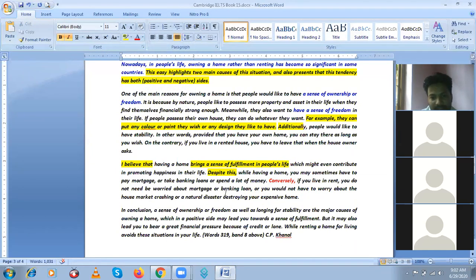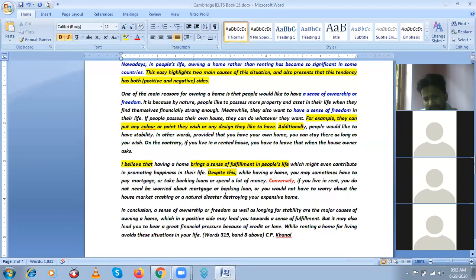I believe that having a home brings a sense of fulfillment in people's life, which might even contribute in promoting happiness in their life. Despite this, the very perfect word, despite this, while having a home, you may sometimes have to pay mortgage or take financial banking loan or spend a lot of money.